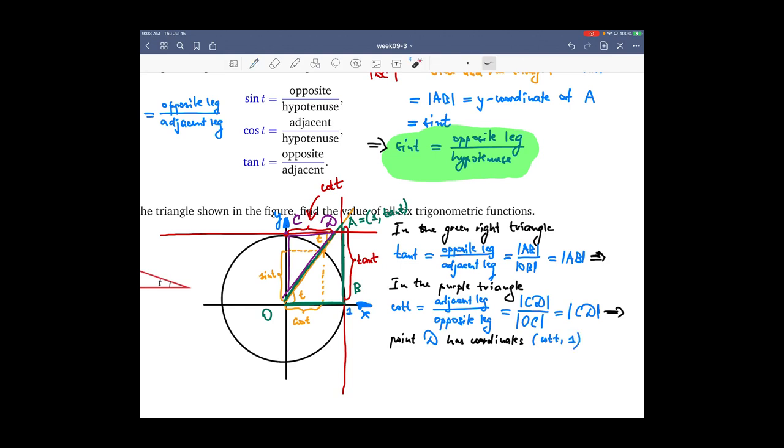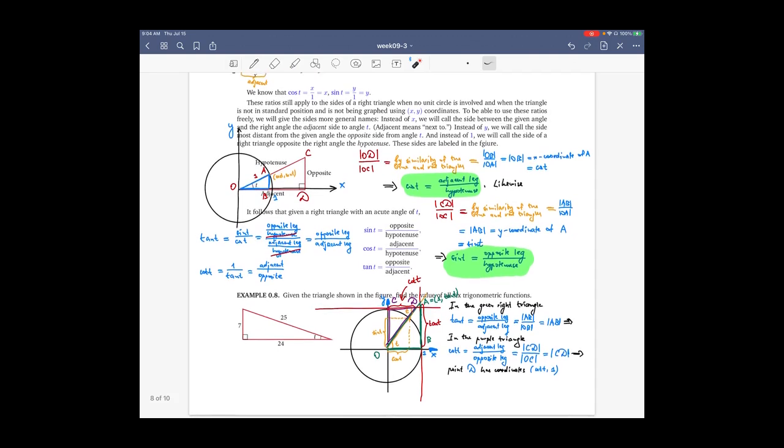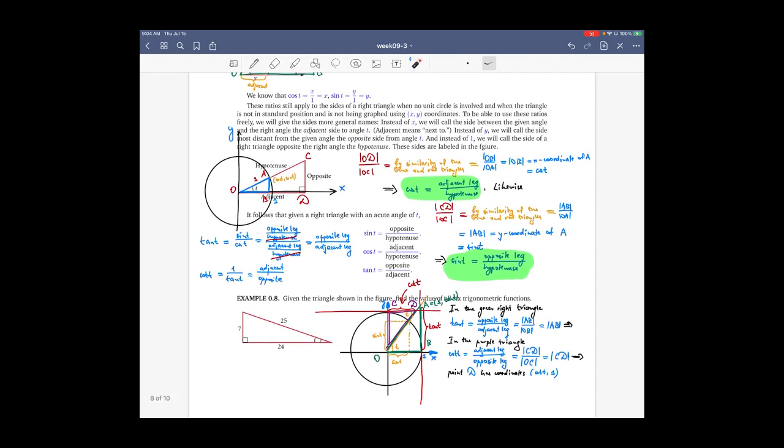Much like A has coordinates, first coordinate is 1, second coordinate is tangent T. Once we get to inverse trigonometric functions, and we'll be asking questions about tangent of arctangent or arctangent of tangent, this fact that tangent is along this vertical line will be very useful.